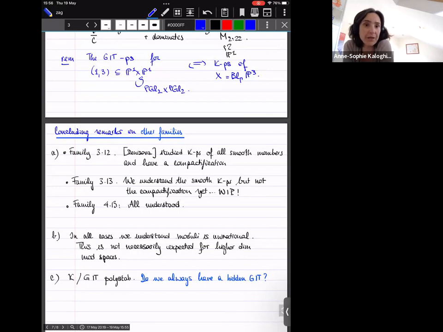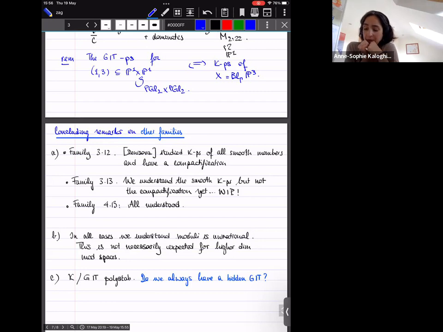So we have very much, as in this case, a good family over an affine curve, a compactification, and pretty much everything is known. Family 313, we understand the smooth K-polystables, but not the compactification yet. That's very much work in progress. Family 413 is also all understood. So that's the 6 families of one-dimensional K-moduli space.